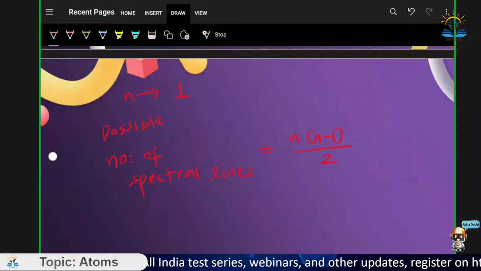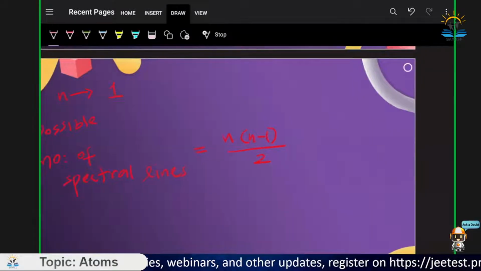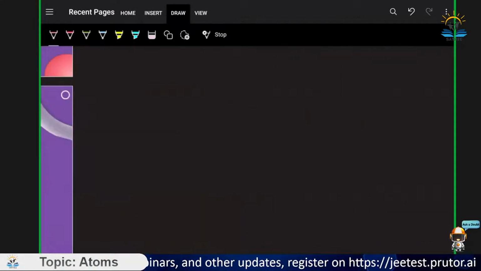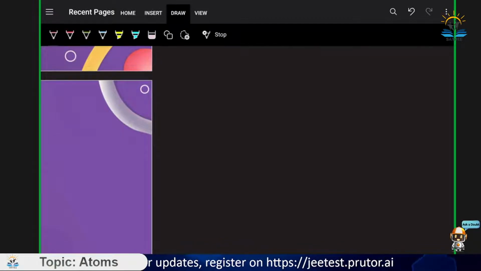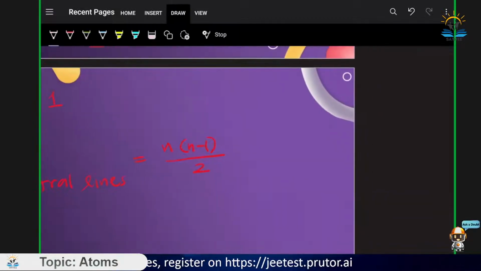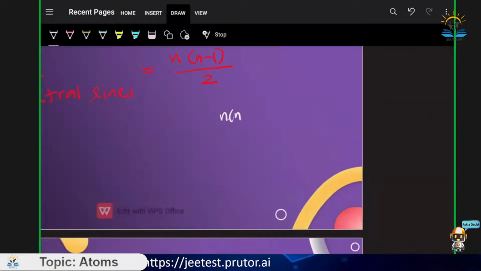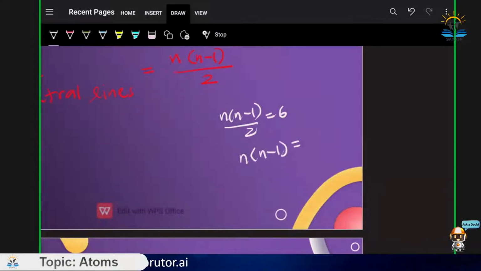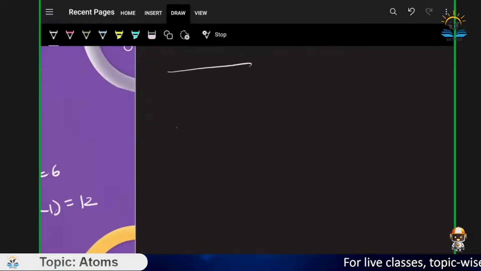In the question it is given that spectral lines are 6. So n into n minus 1 by 2 is 6, that is n into n minus 1 is 12. If we take n equal to 4, then 4 into 3 is 12. So n is 4.